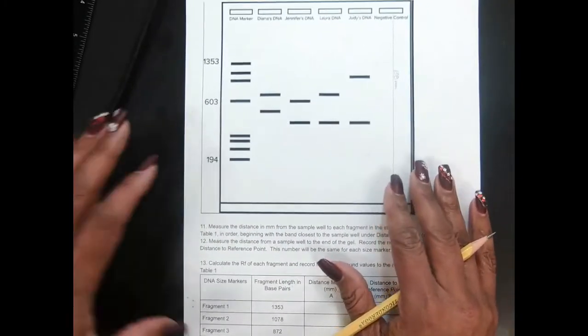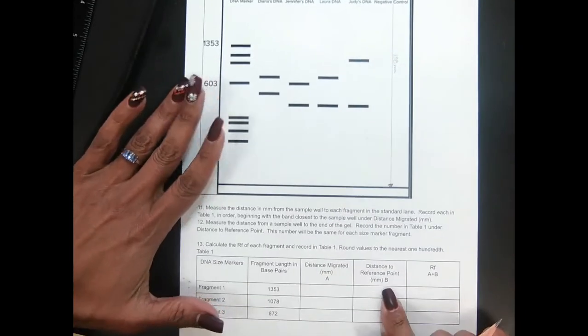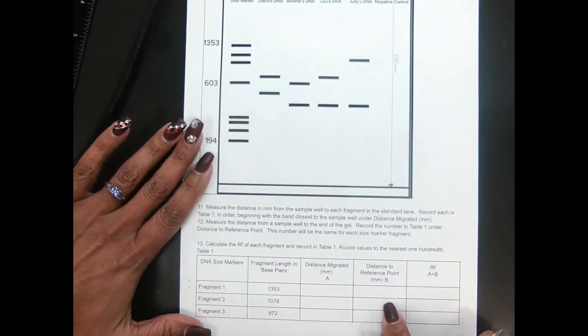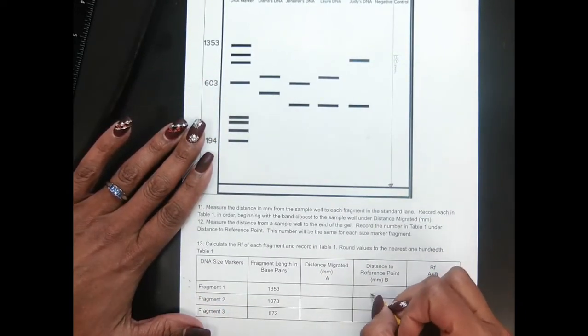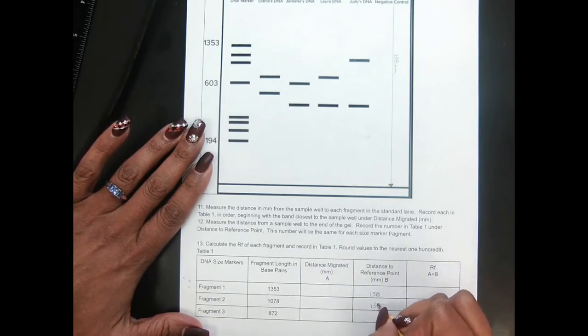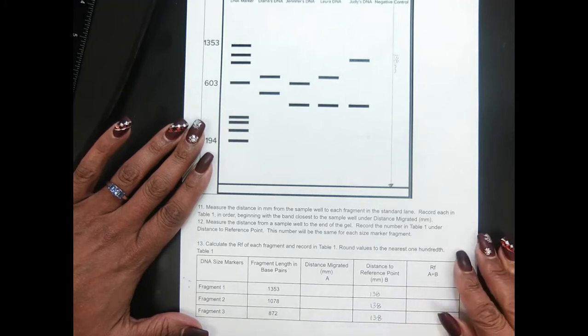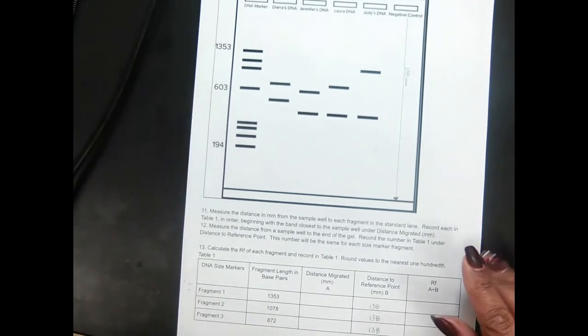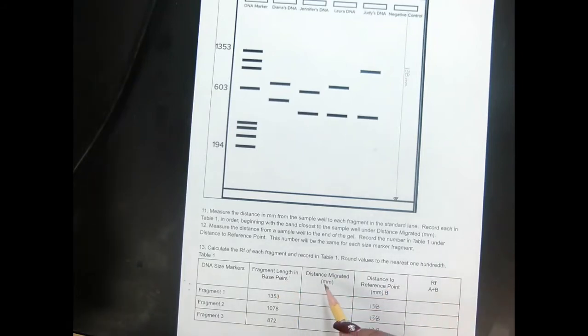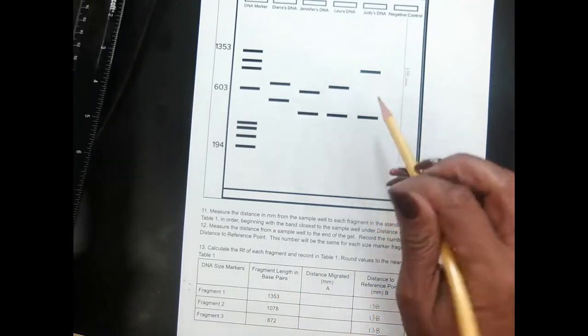Where I'm going to be listing that is in this portion of the chart. This is the same all the way down, 138. For me, this is 138.